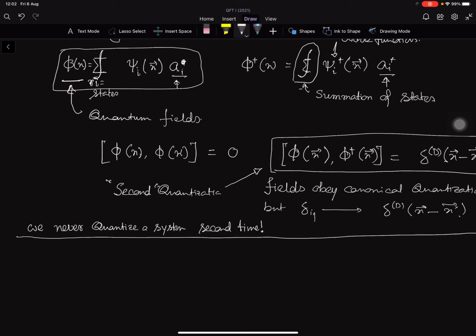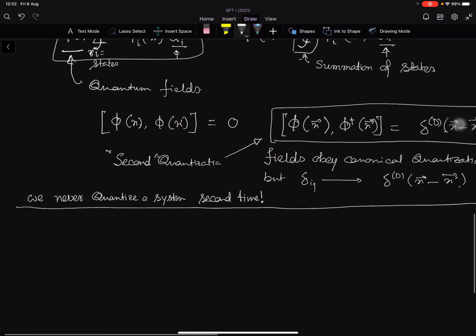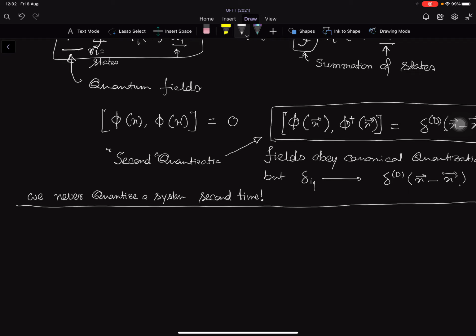Now you must be wondering what the usefulness of that is. So let's start from a multiparticle state with the following Hamiltonian.